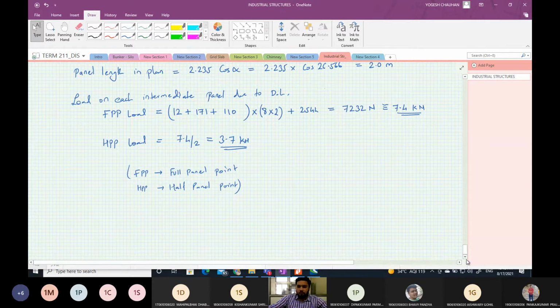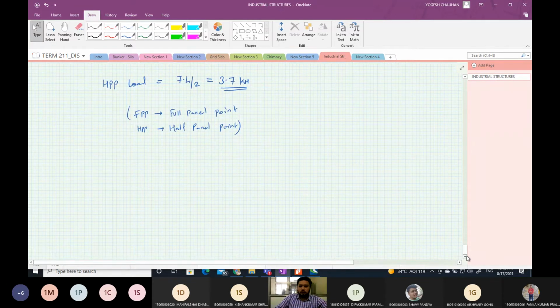Similarly, for the live load, we have to find the loads on each panel point. Now here we have a pitched roof with an inclination. Here alpha is 26.566 degree.